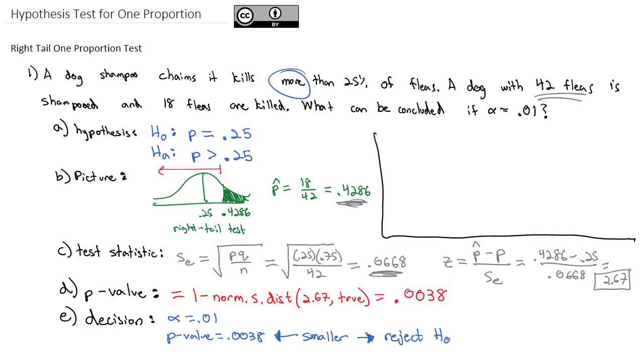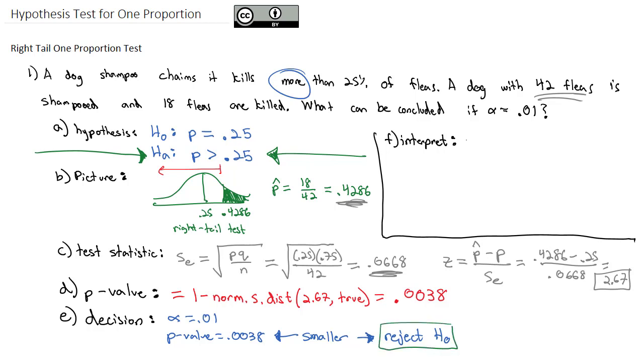If we have rejected the null hypothesis, then we can interpret this result in context for what we're actually looking at. So looking at the alternate hypothesis, this is what we focus on for the interpretation. We're putting that p greater than 0.25 in context based on our decision that we decided to reject the null hypothesis.